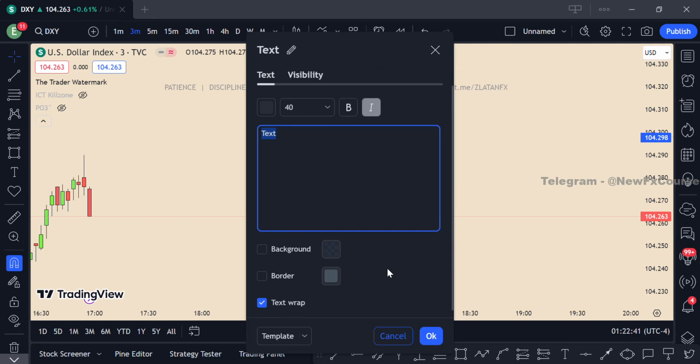Now, places you can find liquidity: previous week low or previous week high, previous day high or previous day low, old highs slash lows.